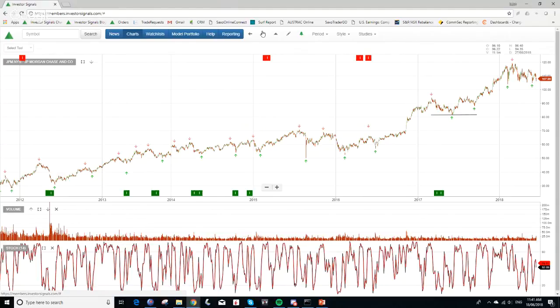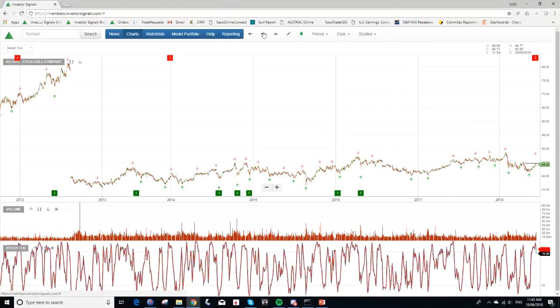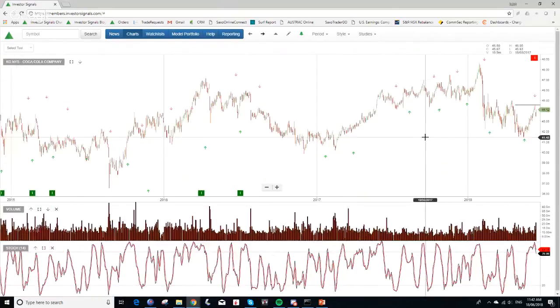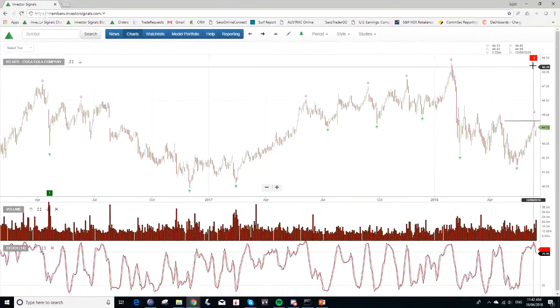The US banks at the moment look like they're probably getting close to support, so we'll watch that over the weeks ahead. The stock was added into the model portfolio in early 2017 at $85 a share, and it's now trading at 107.